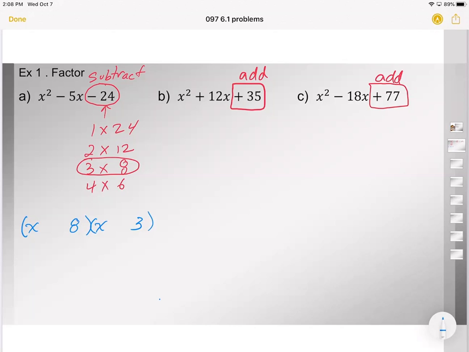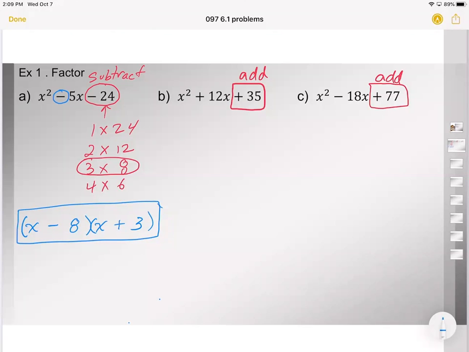Because we think in terms of subtraction, one of them is positive and one of them is negative. Reminder: the bigger number will get the sign of the middle term, while the other number will get the opposite. The middle term I have is negative, so the bigger number will get a negative sign, and the other parenthesis will get the opposite.